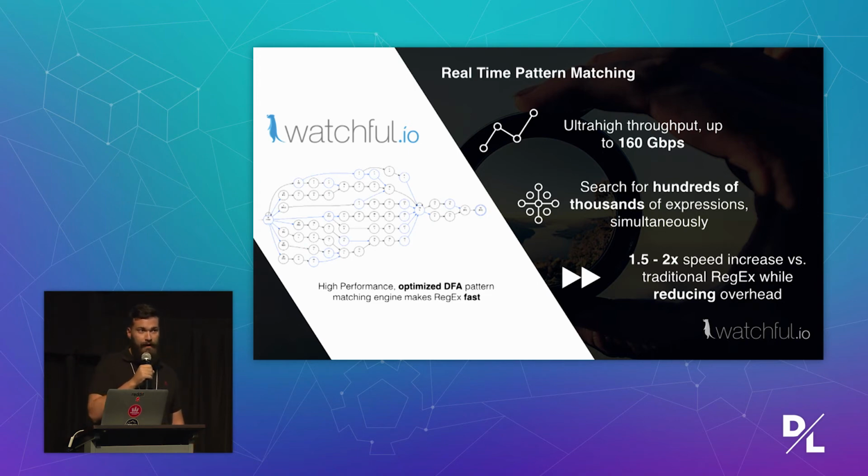We built a proprietary optimized DFA, or deterministic finite automaton, pattern matching engine. It's ultra high throughput. We've tested for low-level network traffic at 160 gigabits per second, but of course that's in some clean room with chicken blood and a prayer said before that. So use cases do change. Real-world scenarios are different. It can hit 160. Let's just say that.